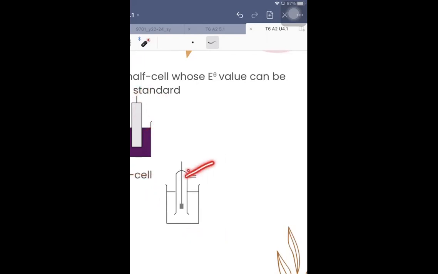Is it a gas and aqueous species, which you will use this setup? Or is it aqueous ions and aqueous ions, where you would draw almost a similar setup, but this time your electrode will be an inert electrode?